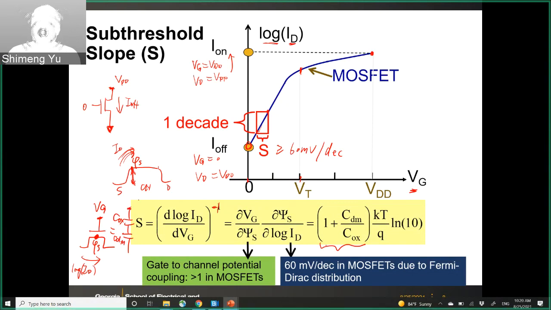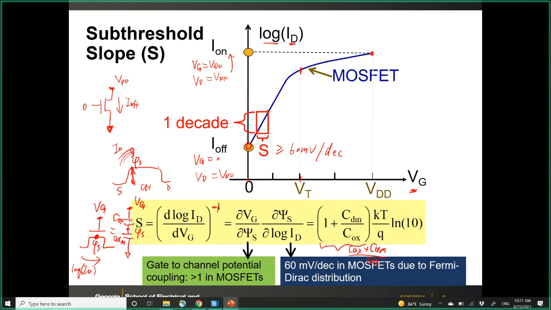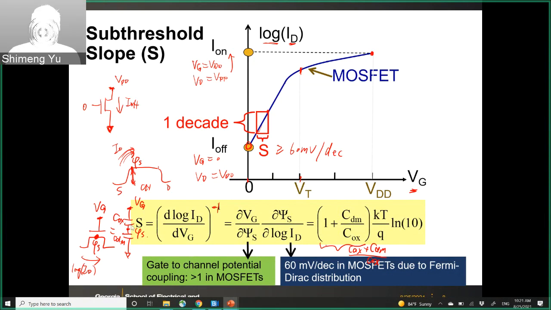So essentially it's phi s with respect to Vg, and from the capacitor divider you can have this equation. So essentially it's COX plus CDM over COX, because this is a voltage divider in capacitor format.